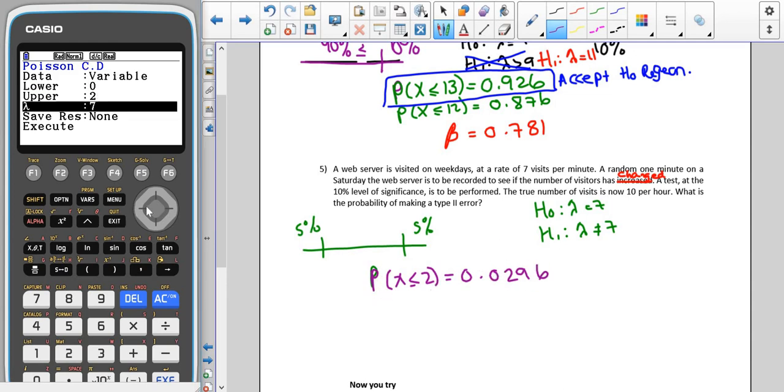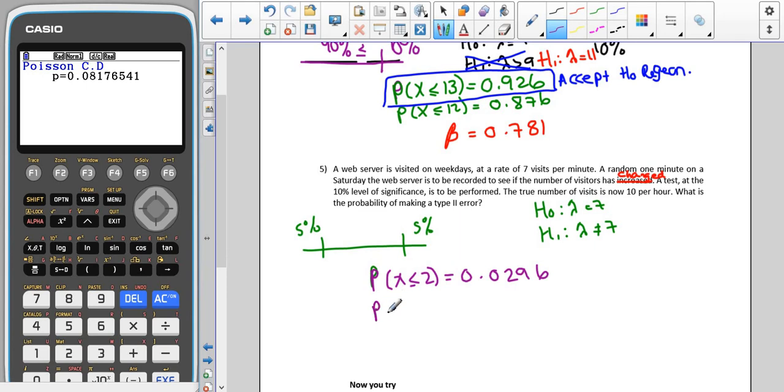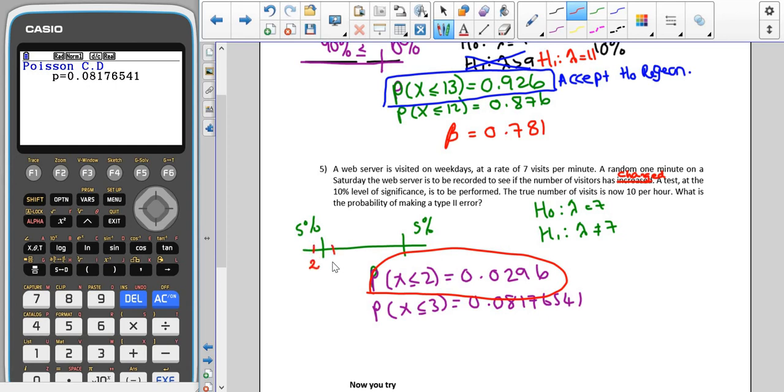So I'm going to try a bigger number, so let's try 3. So probability of x being less than or equal to 3 gave me 0.0817651. So actually, this first value here is my critical value, the first value at which I would reject H0 on the lower part of our scale. So 2 is within this region and 3 is within our accept H0 region.